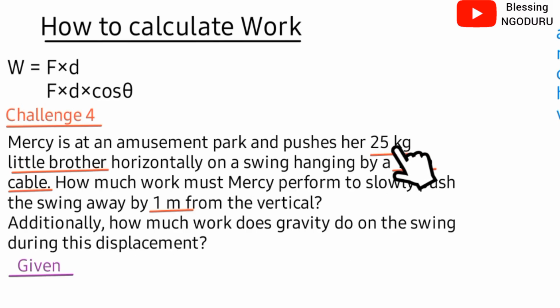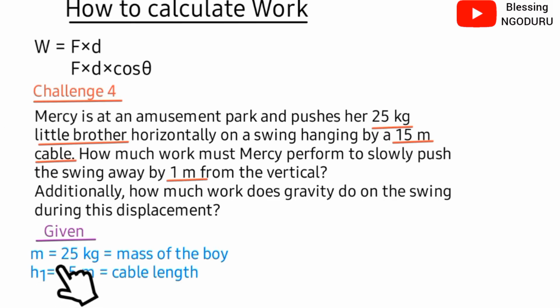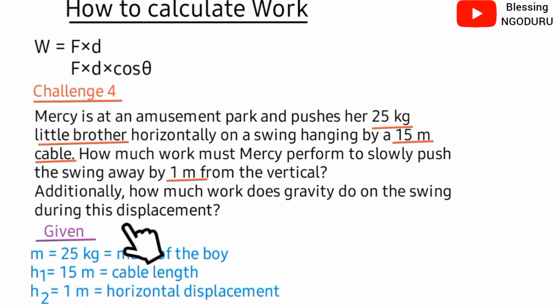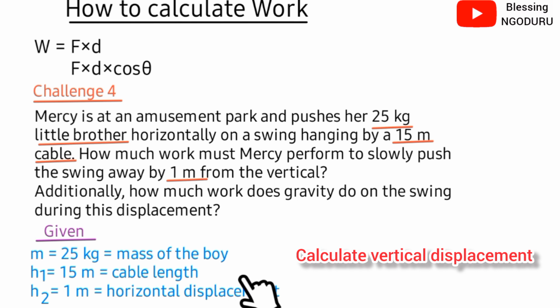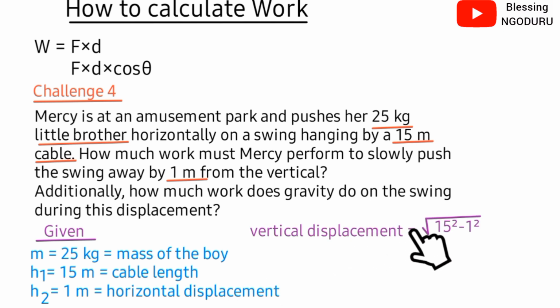Here we have 25 kg being the mass of the little boy, while H1 represents the length of the cable being 15 meters. H2 represents the horizontal displacement moved by the swing after Mercy slowly pushed the swing. Here we have horizontal displacement. Now we are expected to calculate the vertical displacement. The vertical displacement will be equal to the square root of 15 squared, being the length of the cable, minus 1 squared, the horizontal displacement.